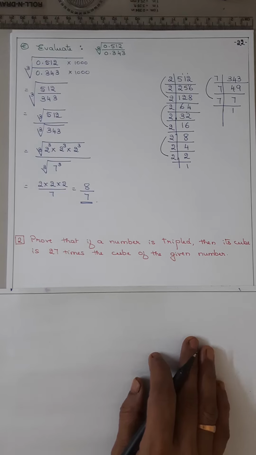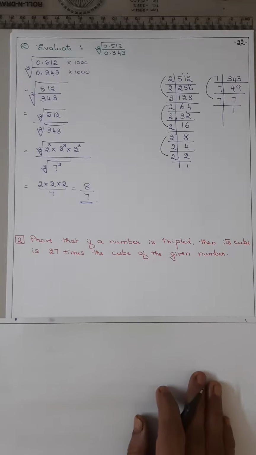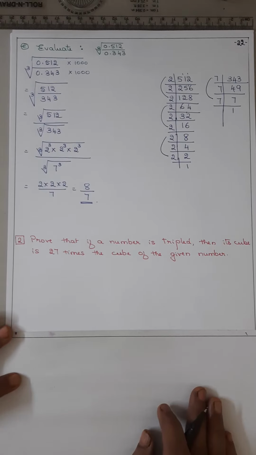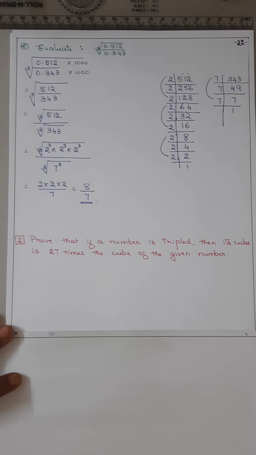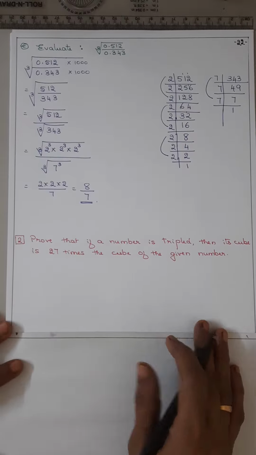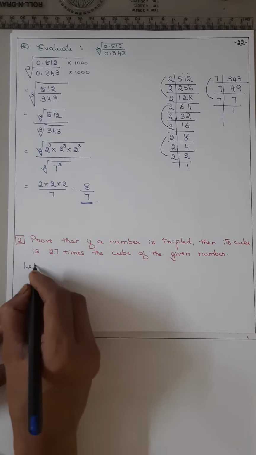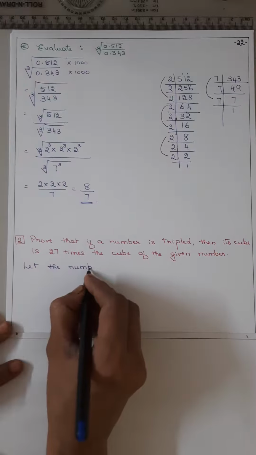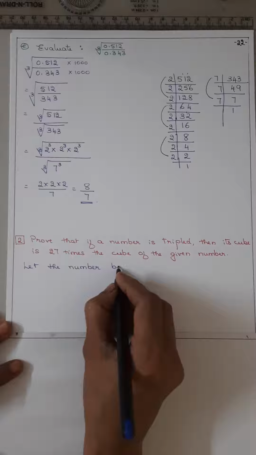Okay, now coming to question number 2. Prove that if a number is tripled, then its cube is 27 times the cube of the given number. If a number is tripled, you don't know the number, so let the number be x.